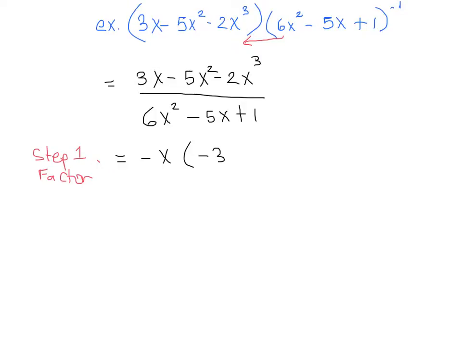When I divide negative 5x squared by negative x, I get plus 5x. And finally, when I divide negative 2x to the third by negative x, I get plus 2x squared.